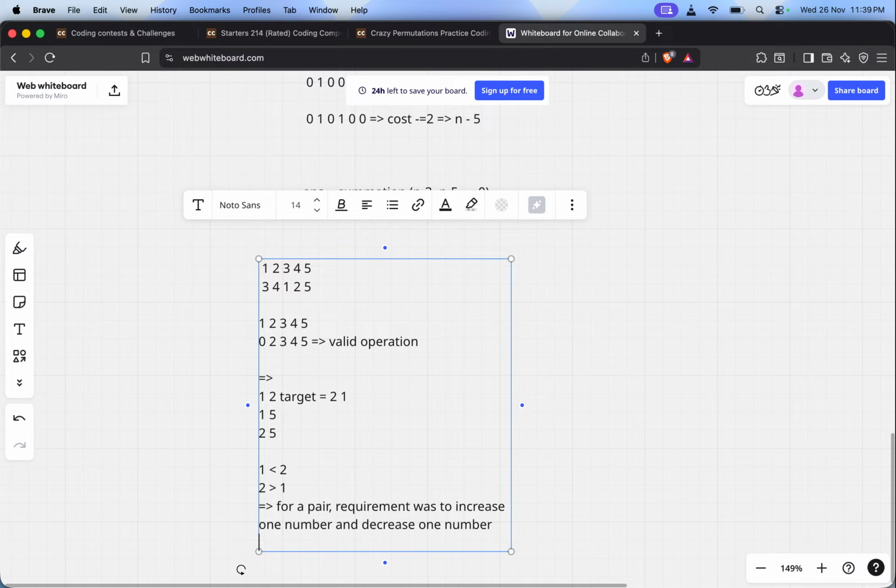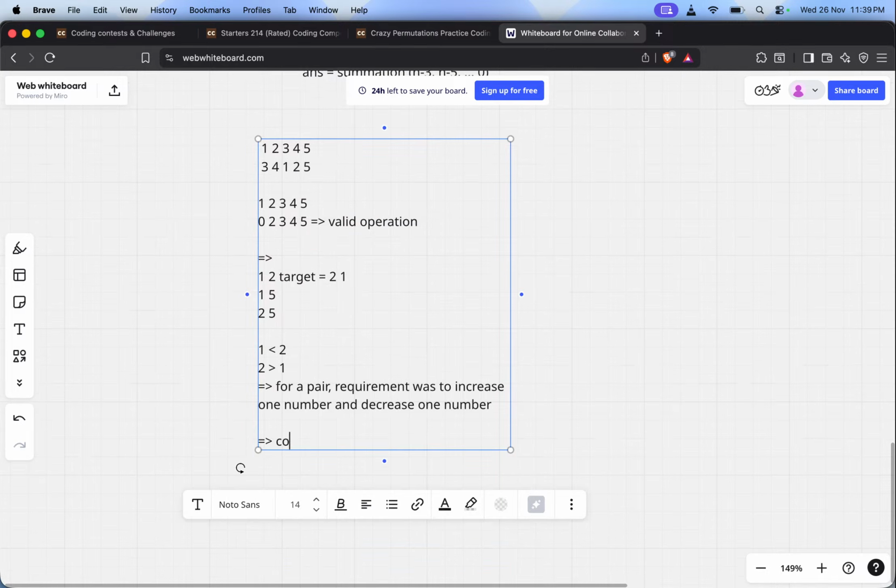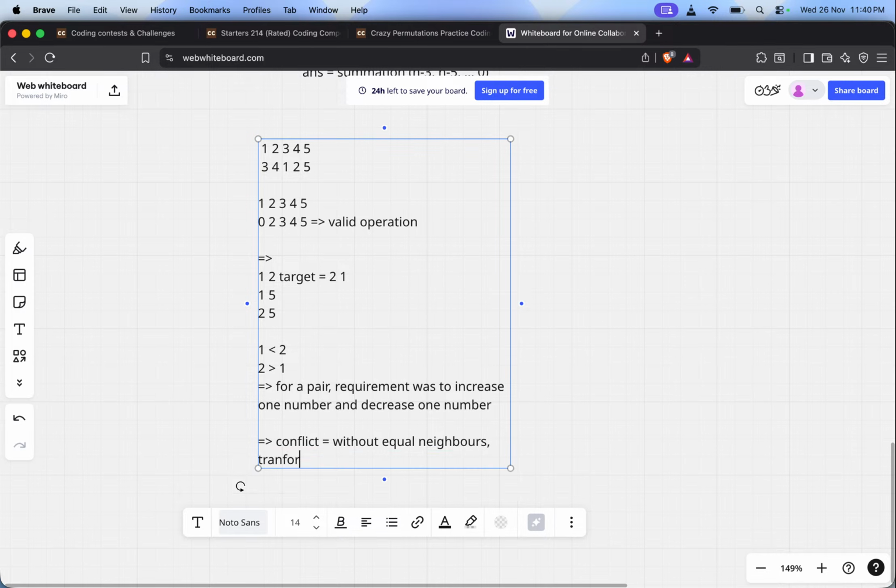And we saw that during these increasing and decreasing operations, a conflict appeared. The conflict was that without getting equal numbers, we can never change one number into another. Without equal neighbors, transformation is never possible.